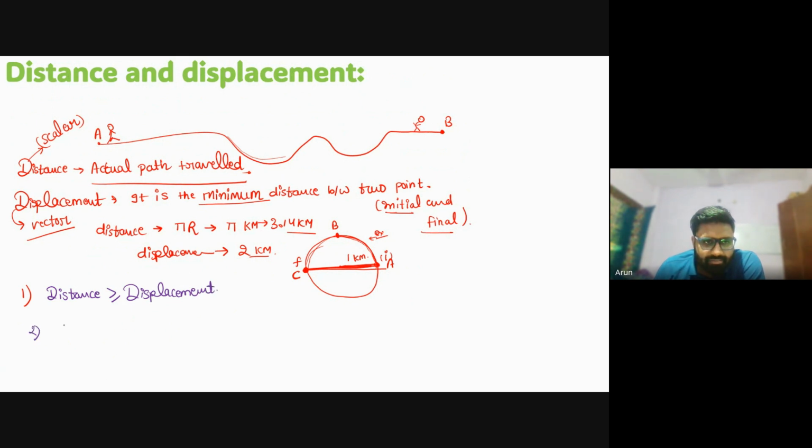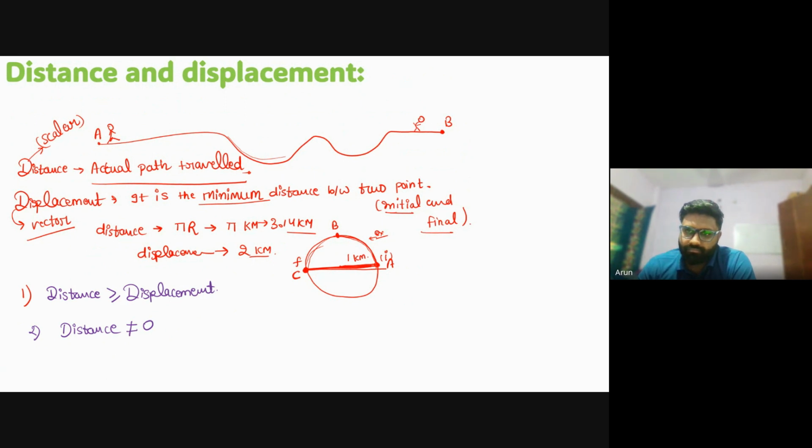Second thing, distance can never be zero. If you have taken one step, that will also count. If you are moving by a micrometer, that will also count as distance. So if you have traveled, distance can never be zero.